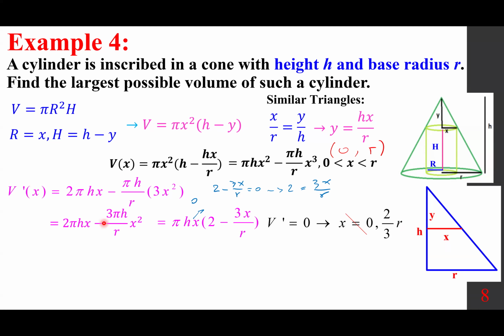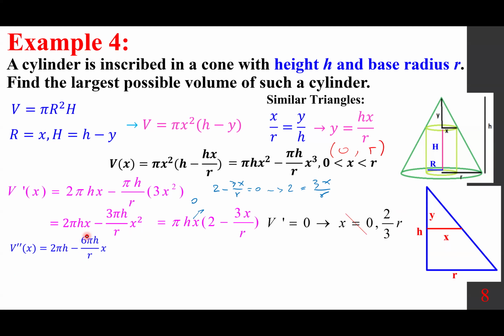This is V prime. V double prime is just 2 pi h minus 3 pi h over r times 2x. So we get 2 pi h, and from here we get minus 6 pi h over r times x. It's very straightforward, everybody. Now, we have to evaluate this at the CP and observe whether it's positive or negative.